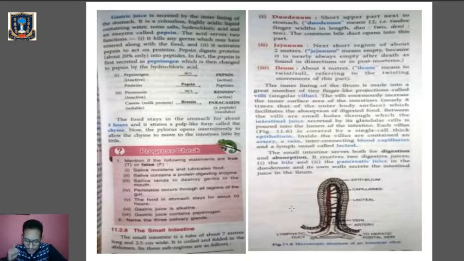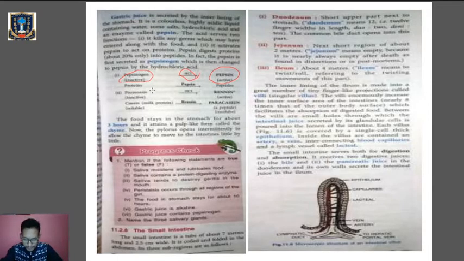The pepsinogen will be changed into pepsin by the action of HCl. You can go to the book also, page number 109, that pepsinogen will be in the inactive form. Then this pepsinogen will be converted into active pepsin with the help of the acid called HCl. Then pepsin will act on the protein and will change it into peptides.